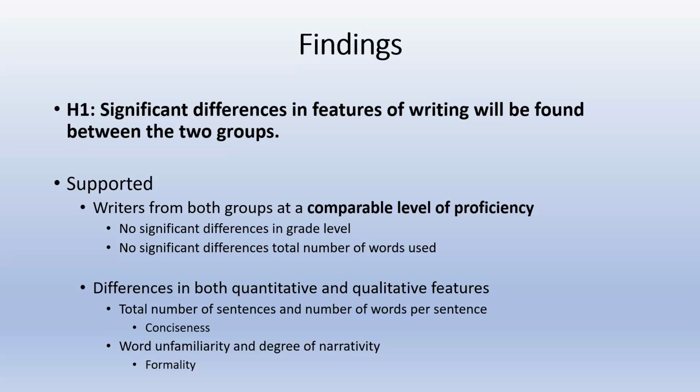But the differences in both the quantitative and the qualitative features were present in terms of the total number of sentences and words per sentence, meaning conciseness, as well as the word unfamiliarity and the degree of narrativity, which leads to greater formality of writing, as is typical of higher scoring and more accurate academic writing.